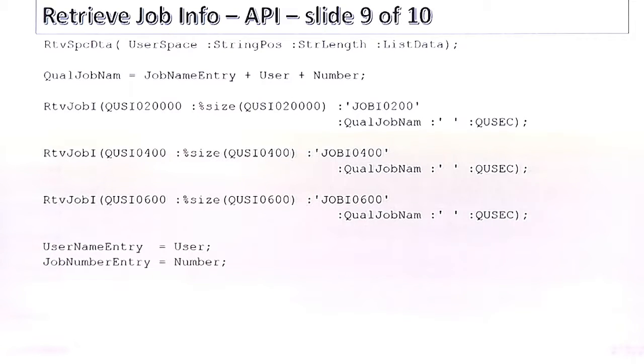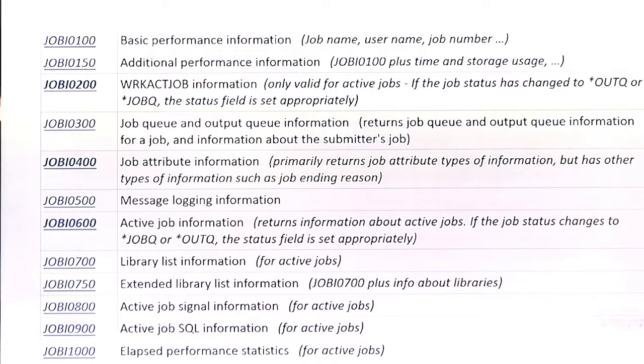I'm going to zip down here real quick and show you what those are. 200 is the work active job information. Look at all the different formats you can send in for this API. All the different information you can gather on a job. Isn't that handy? But I'm using 200 and I'm using 400 to gather some information.